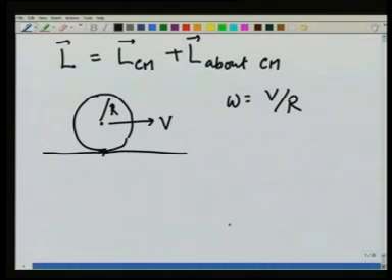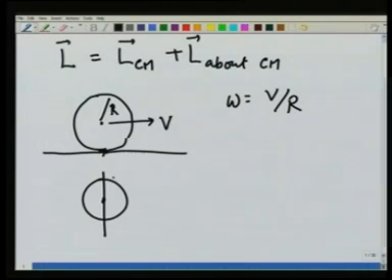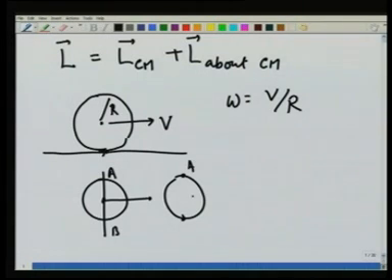So, I can consider this motion as if the center of mass is translating with velocity v, on top of it this body, let me just say this is point A, point B, this whole thing is translating with velocity v, and on top of it with respect to center of mass this is moving with omega equals v over r. So, that instantaneously this point is at rest.